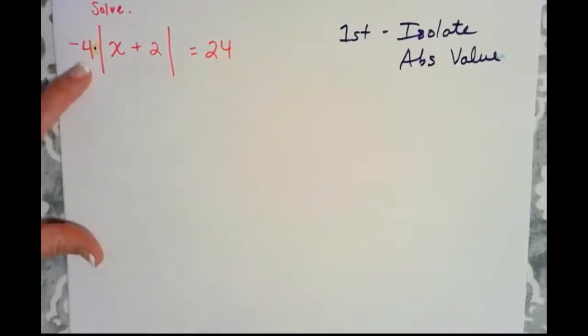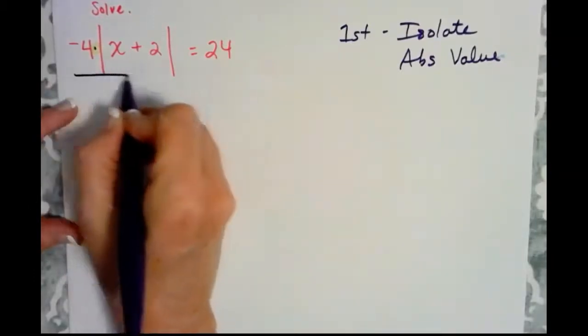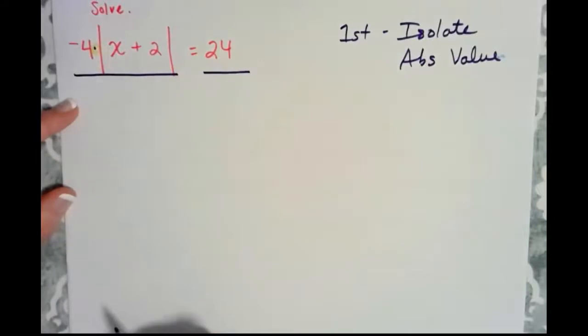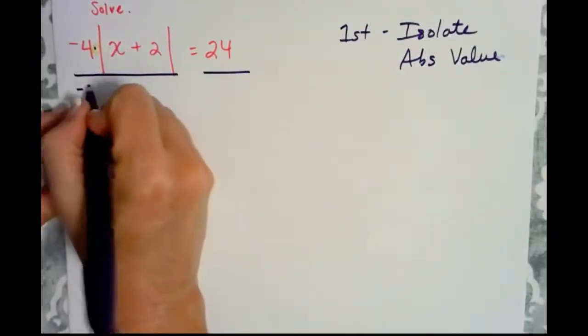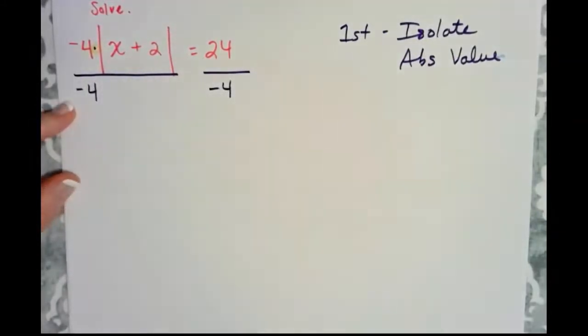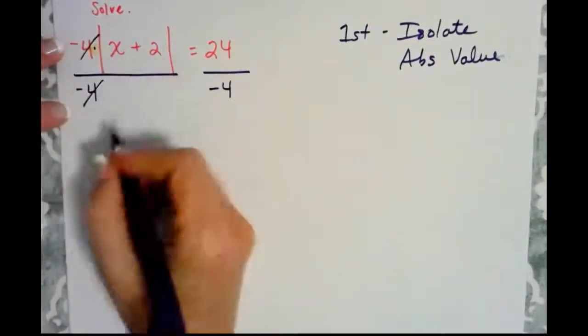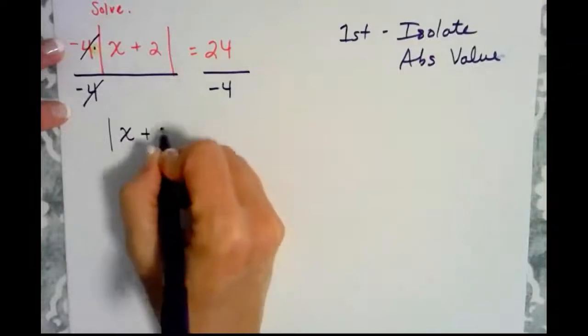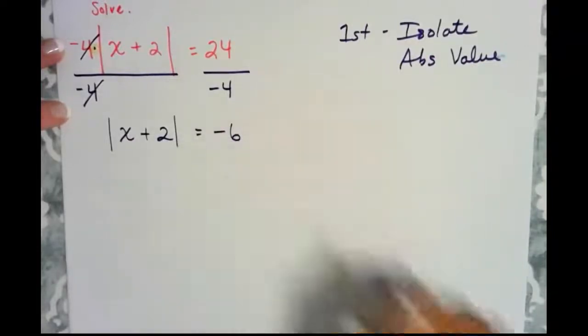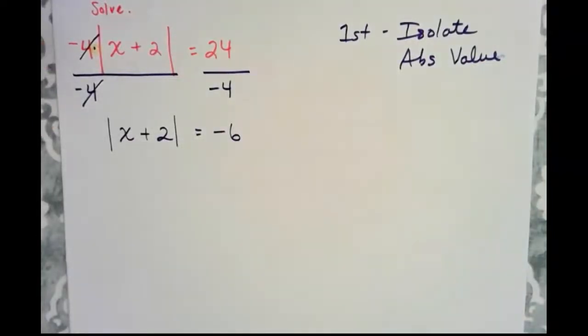So we need to undo multiply by negative 4. And the inverse operation of multiplying by -4 is dividing by -4. So -4 divided by -4 cancels, and we have done step 1, which is to isolate our absolute value.